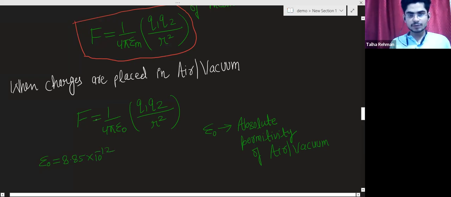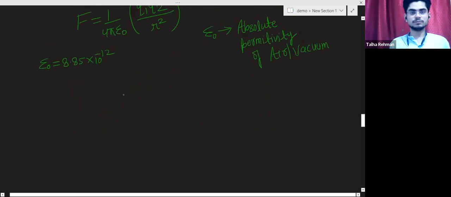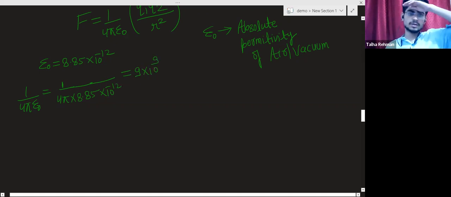And when you calculate this 1 upon 4 pi epsilon naught, we know 4, we know pi, and we also know epsilon naught. You will get 9 into 10 to the power 9.